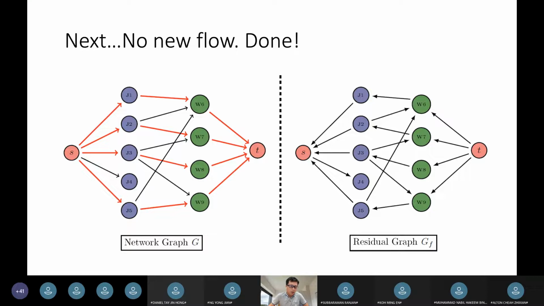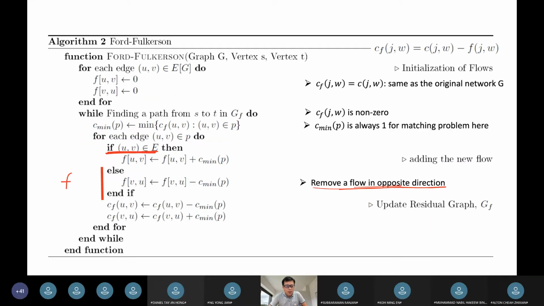Because originally they are red color, we delete it, then it becomes the black one. Black one means there is no flow, right? I mean delete means that we update the flow, not delete from the original graph, but we update the flow. F is the flow. So we remove the flow.